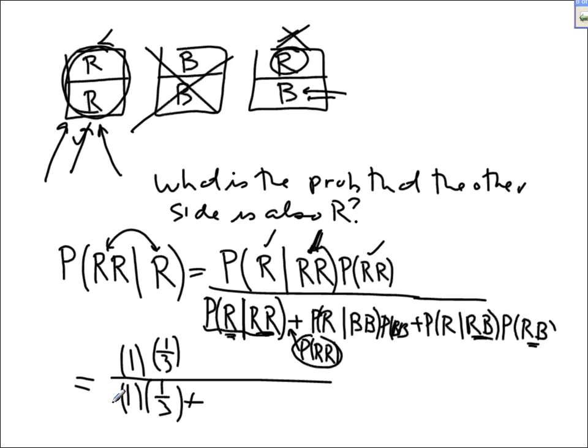Plus, what's the probability of getting a red for the front, given that we pick the black card? Answer is 0. You pick the black card, there's 0 chance of getting the red in front, times the probability of getting black. It happens to be 1/3 as well.